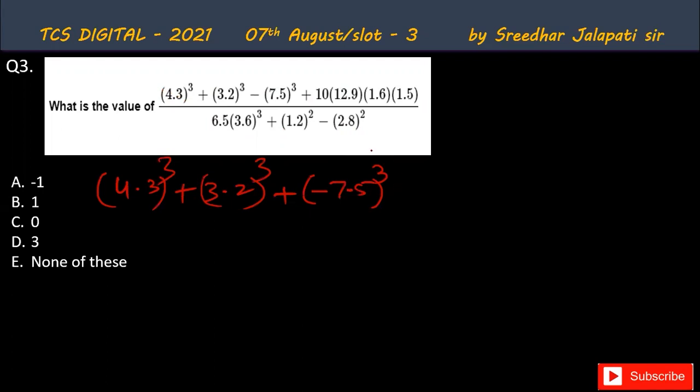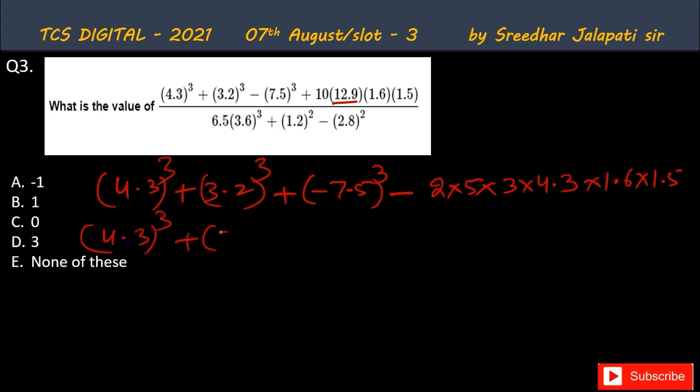And this can be written as, first of all, here it is plus, I am taking minus. 10 can be written as 2 into 5, and this 12.9 can be written as 3 into 4.3 into 1.6 into 1.5. This on further simplification, 4.3 whole cube plus 3.2 whole cube plus minus 7.5 cube, right?